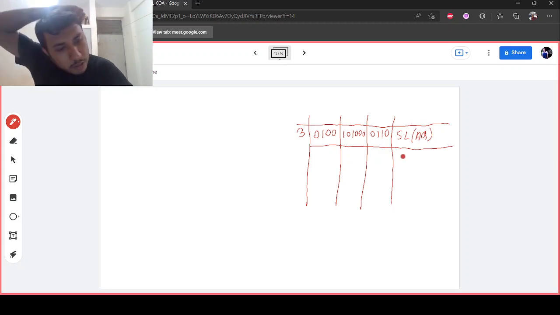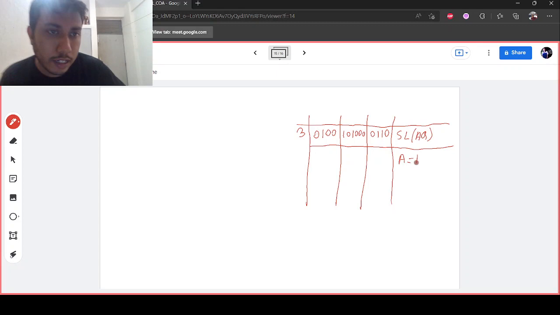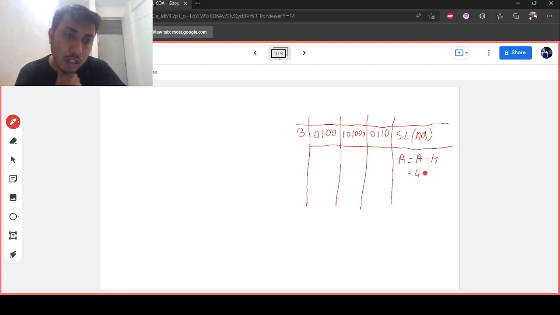Similarly, the next step is always subtracting, A equals A minus M. So what is the value of A now? A is 4 and M is 6, that is minus 2.